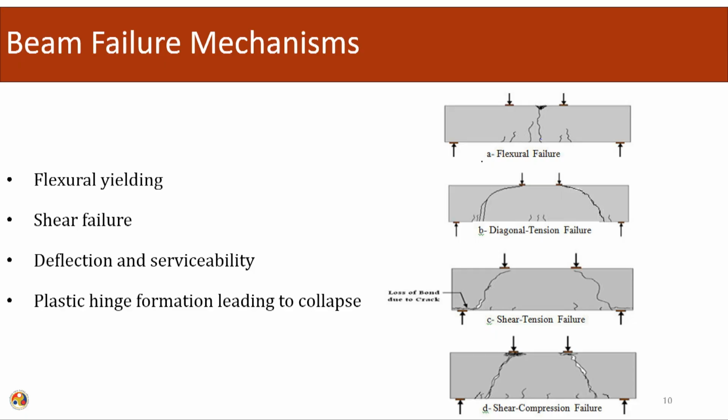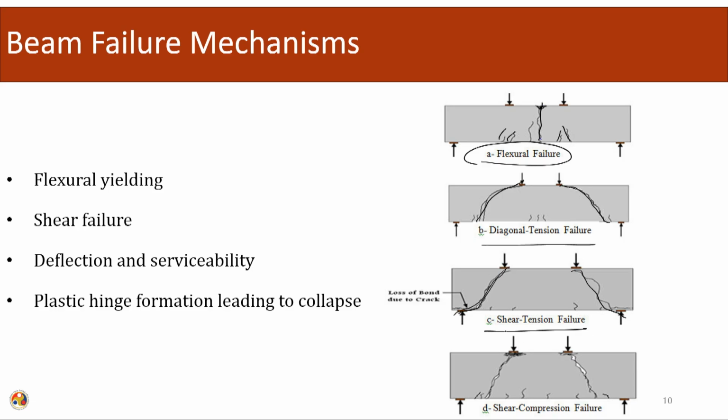Beam failure mechanism, this is the most well known failure mechanism. There will be a flexural failure, and a diagonal tension failure, which is a shear tension failure that propagates from the point of load application to the supports.